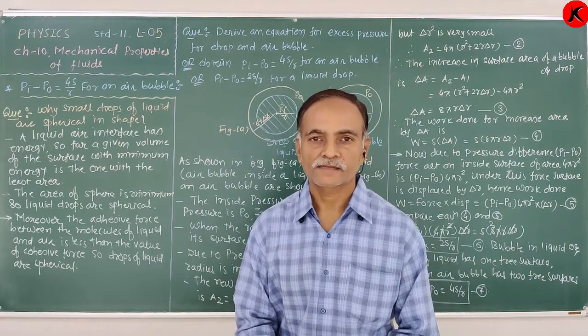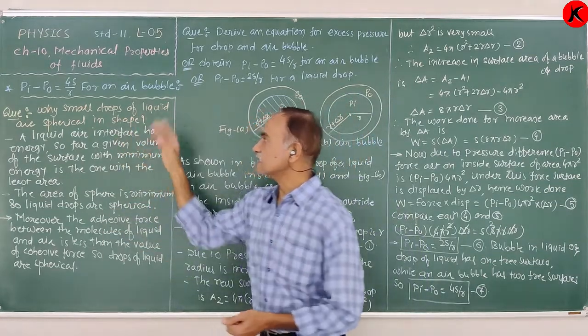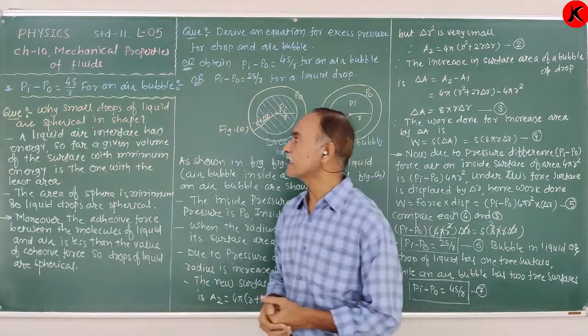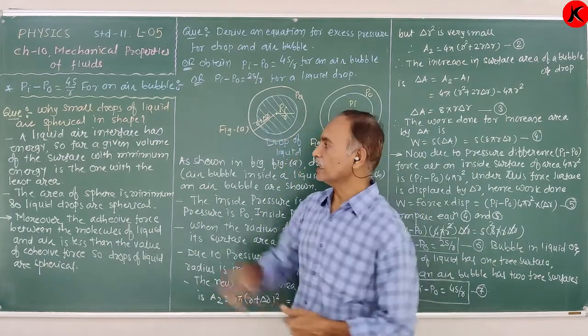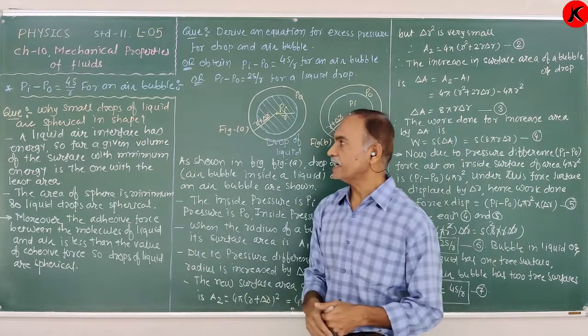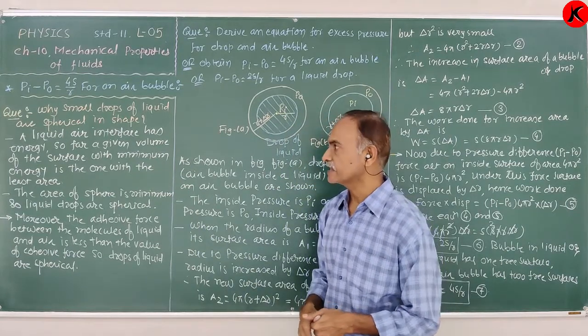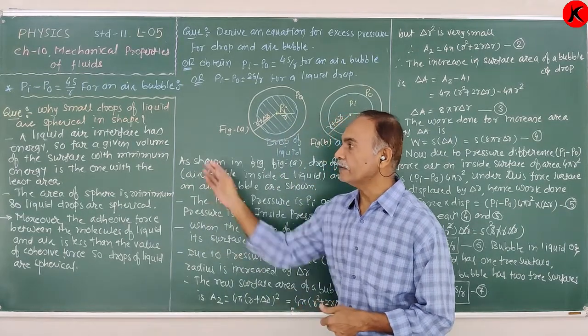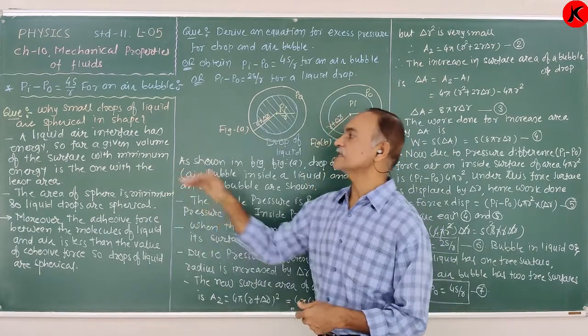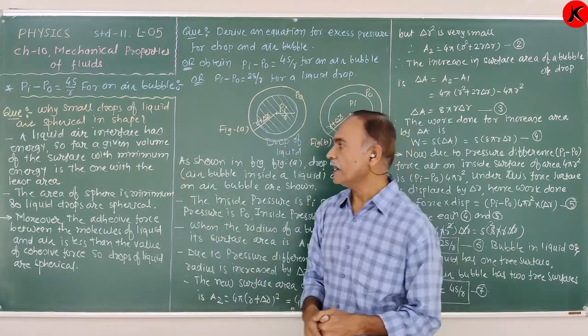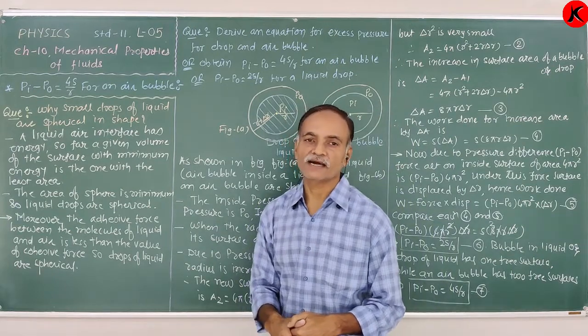What is the reason? First, why are small drops of liquid spherical in shape? Here there are two reasons. One reason is that a liquid-air interface has energy. For a given volume, the surface with the minimum energy is the one with the least area.